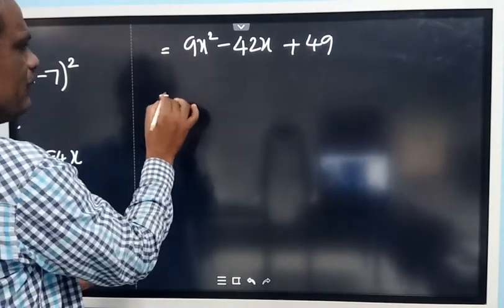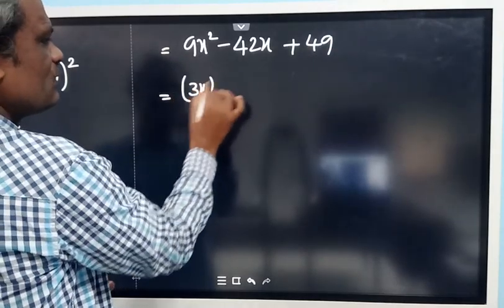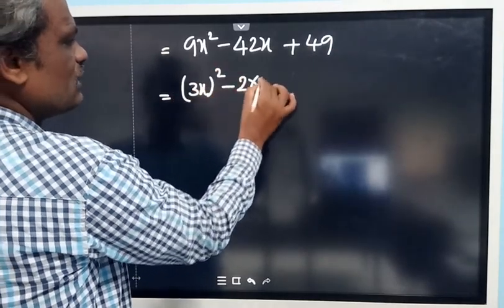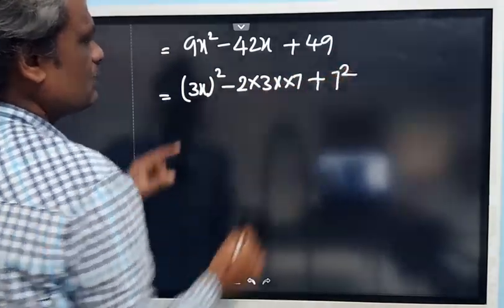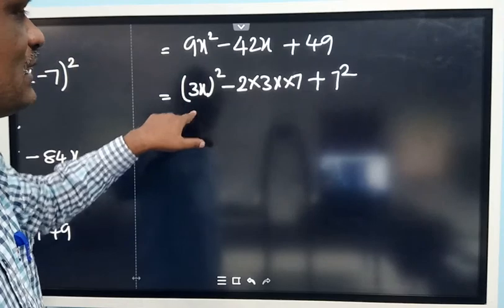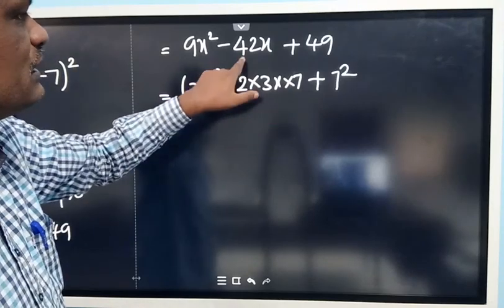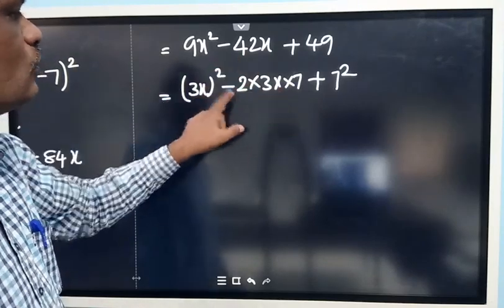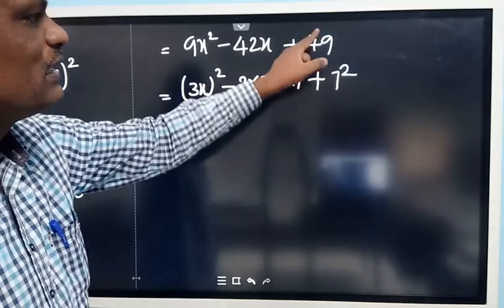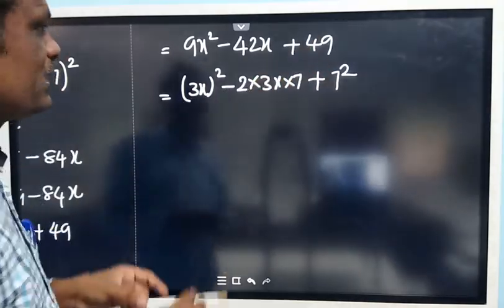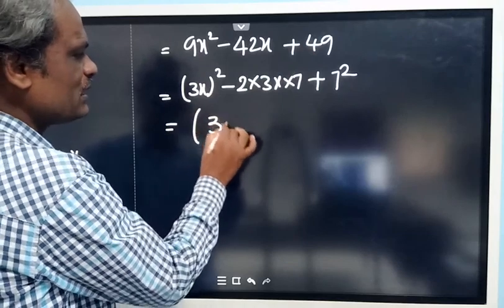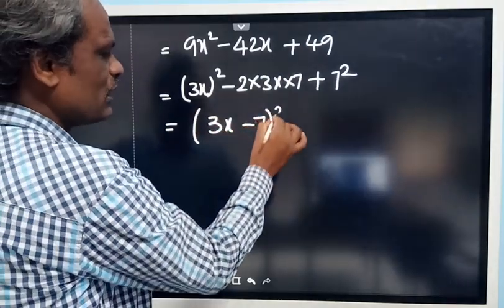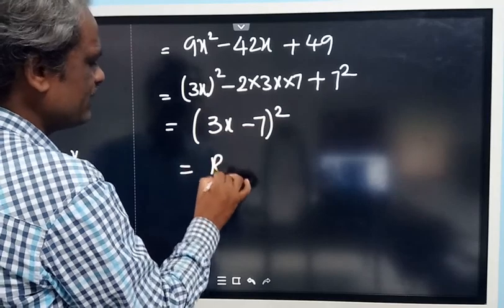This is the same as (3x)² − 2 into 3x into 7 + 7². 9x² is (3x)², minus 2ab, where a value is 3x and b value is 7. Look at this, this is in the form of (a − b)². So a minus b means (3x − 7)². This is equal to RHS.